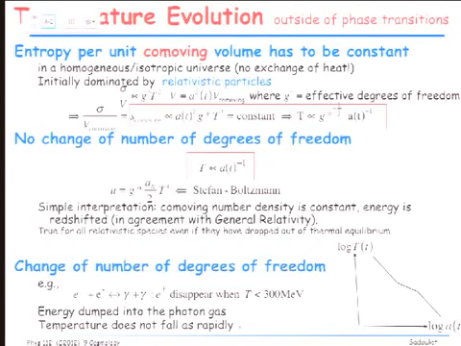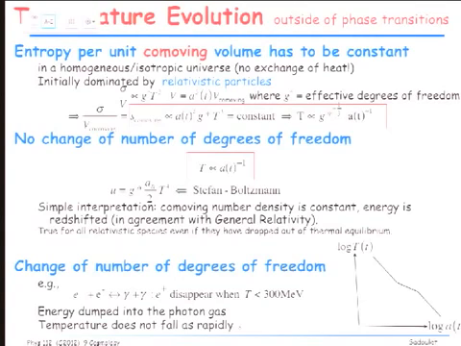The comoving volume is equal to the physical volume divided by A cubed. So S comoving, which is sigma over V comoving, is A cubed of T times sigma over V, which is proportional to g star T cubed.